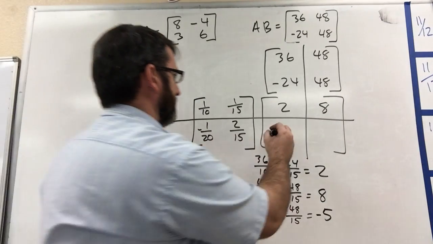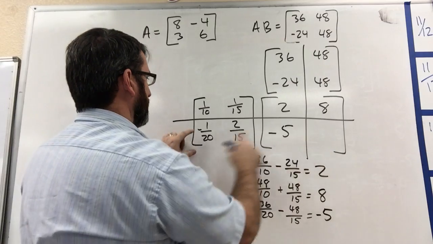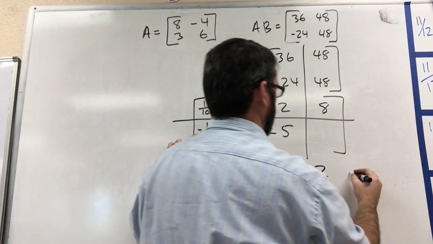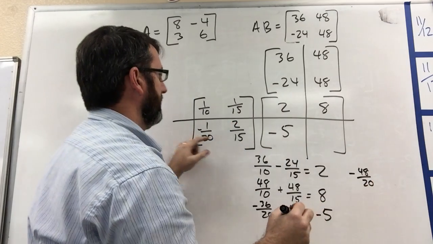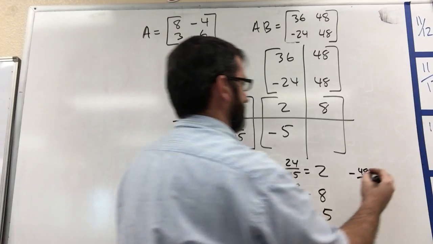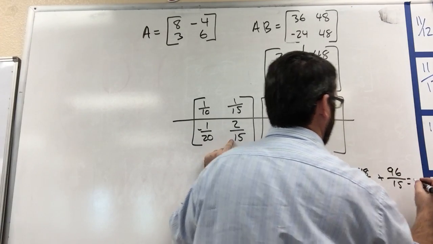And then, so negative 5 right here, and then finally this last one is going to be this row times this column. So negative 48 over 20 plus 96 over 15.